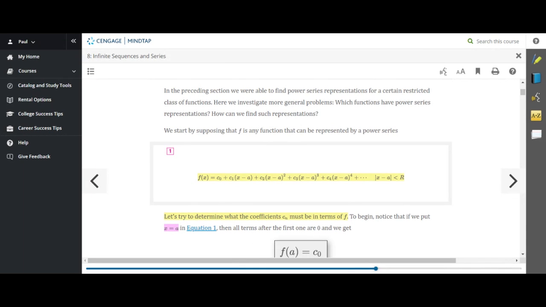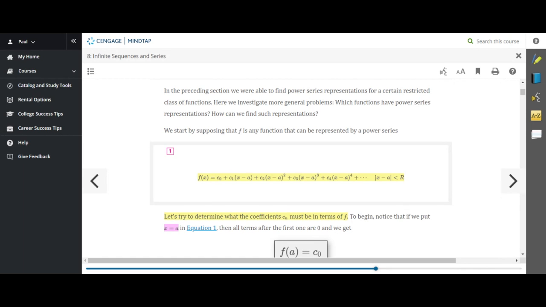If we do that, all the terms in the power series would drop out except c sub 0, because x minus a is in all those terms except the first one, and a minus a is equal to 0. So if we put x equals a into the power series, in other words, we're evaluating f of a, then all the terms drop out except that c sub 0.